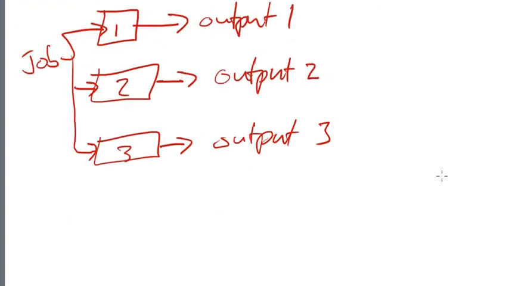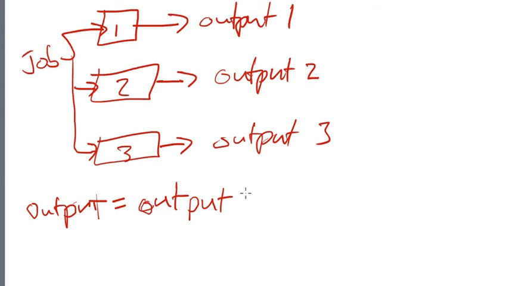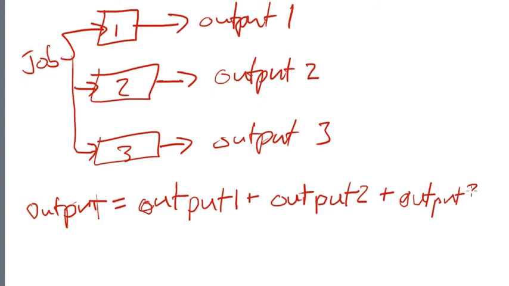For instance, if I said the final output, boy, my mouse is acting up, is equal to output 1 plus output 2 plus output 3.